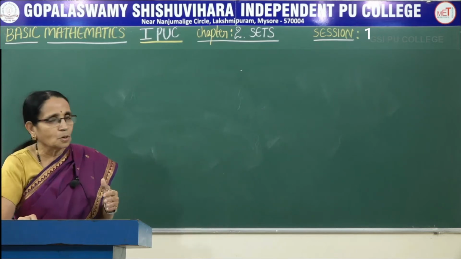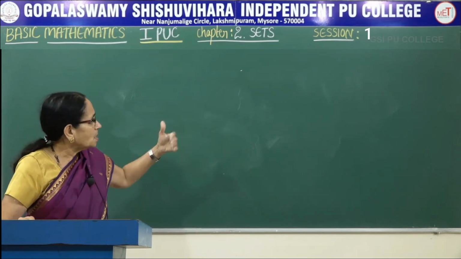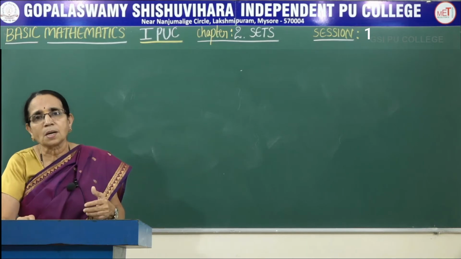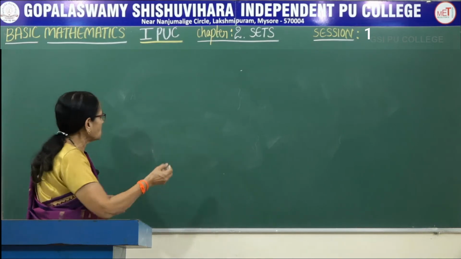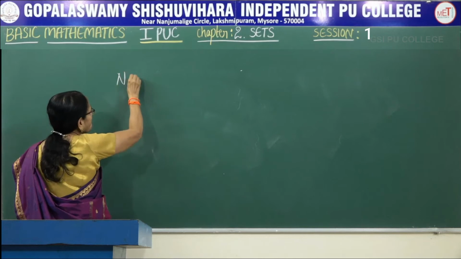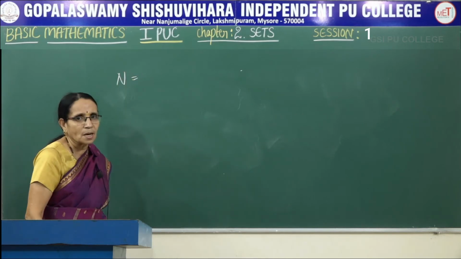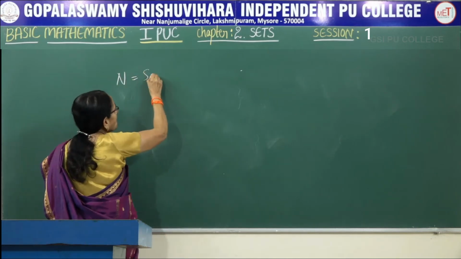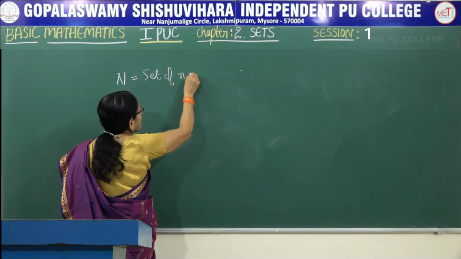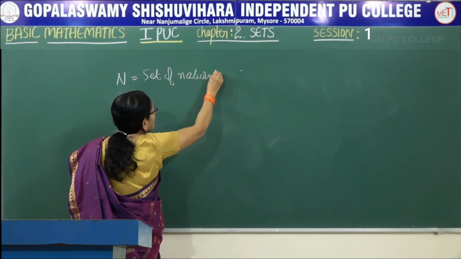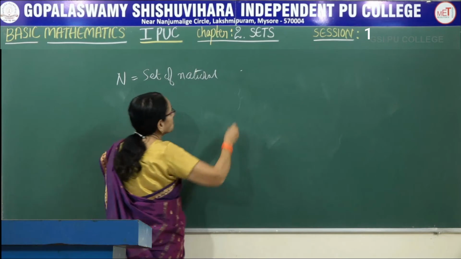But in mathematics now, some standard letters we use to denote a particular set here. You are already familiar, I hope, in the lower classes. N, capital N, denotes the set of natural numbers.